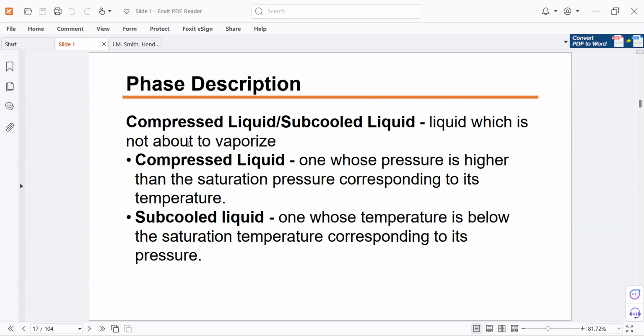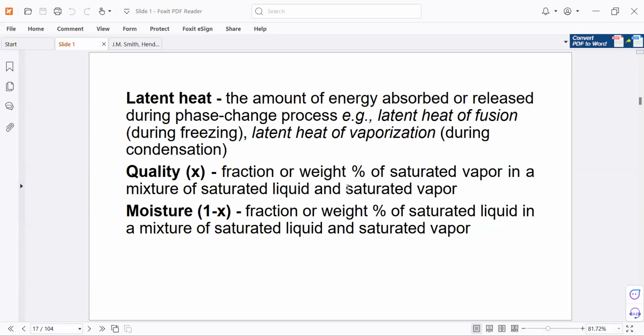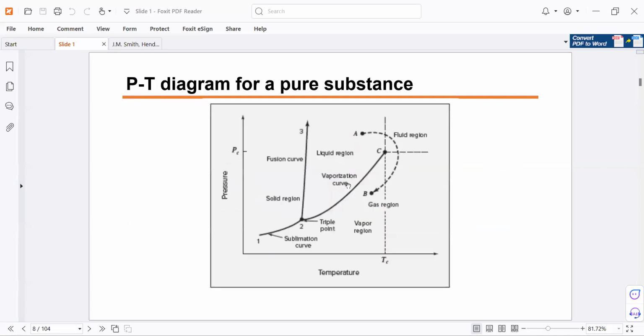The other definitions: compressed liquid and subcooled liquid, used interchangeably. Well, they are actually distinct from one another, but they both mean liquid which is not about to vaporize. Compressed liquid is one whose pressure is higher than the saturation pressure corresponding to its temperature. Let's look at the PT diagram.